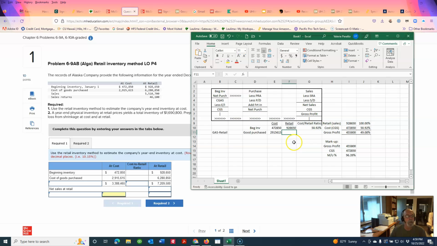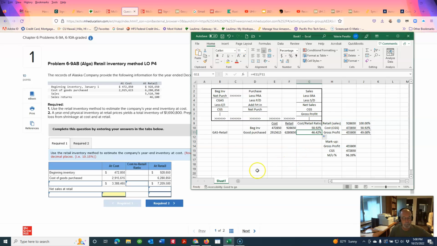Our retail amount for the cost of goods purchased is 6,280,850. And if we did that correctly, we note that our cost to retail ratio has actually changed for our goods purchased during the period. And that's pretty interesting.